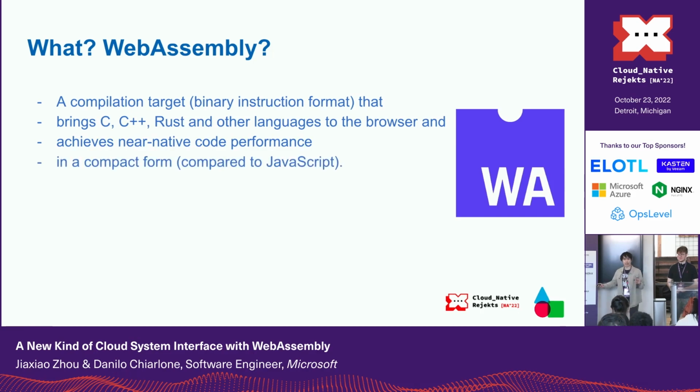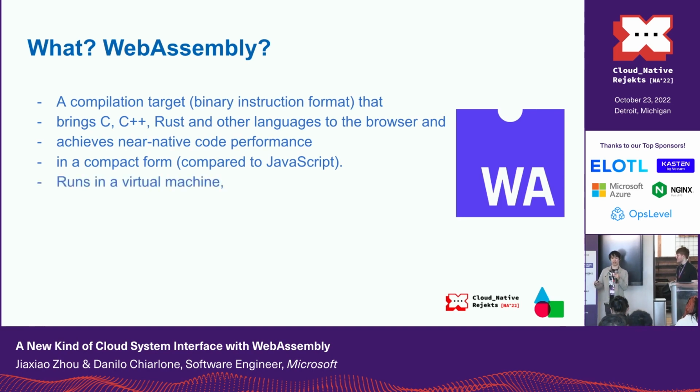And it is designed to be in a very compact form because it's a compilation target, so there are a lot of optimizations that come into the compilers when you compile your programs to WebAssembly. And imagine this: the server sends JavaScript code to the client versus the server sends WebAssembly to the client. The latter is much smaller in size, and so it has low latency.